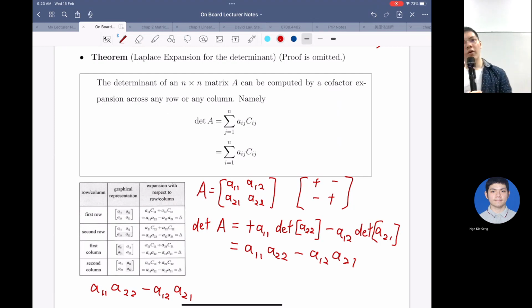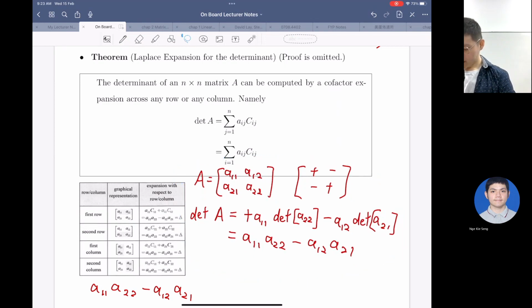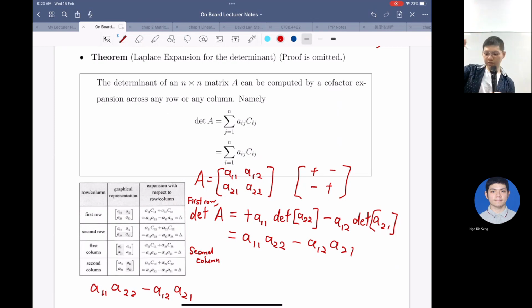How about if we change row or column? We pick one of them and try. This one was the first row. Do you want to try the second column? Let's compute the determinant using the second column.